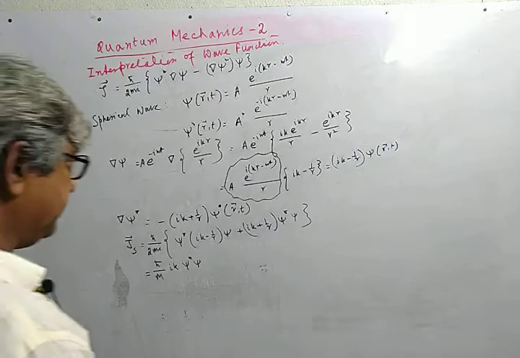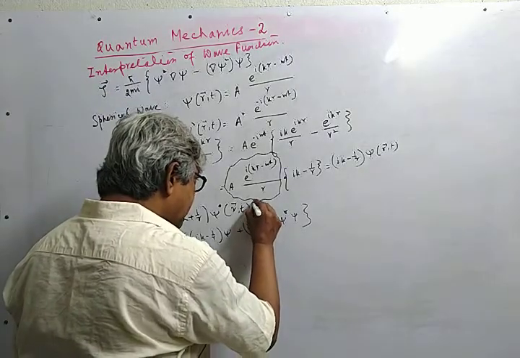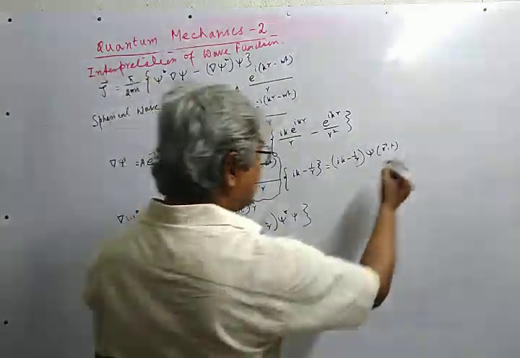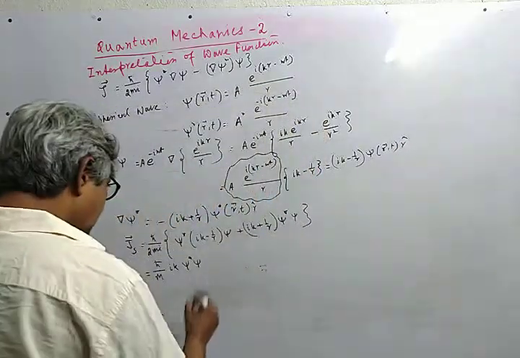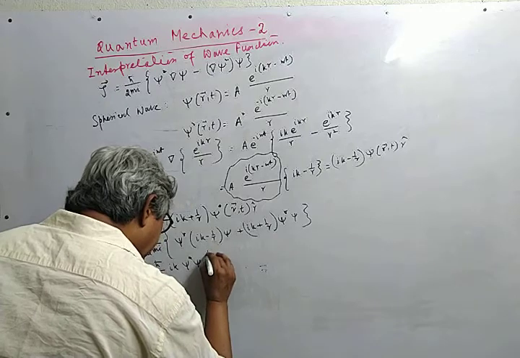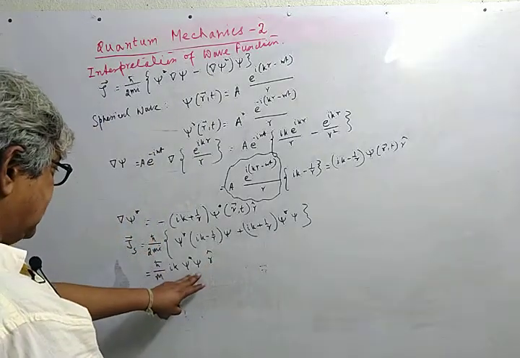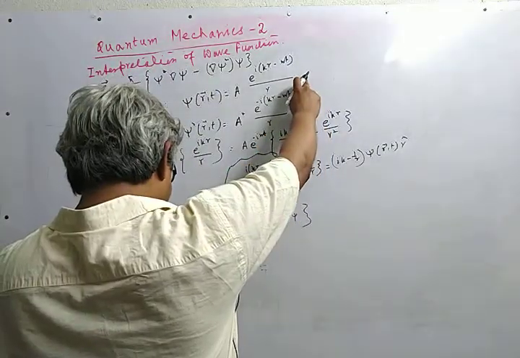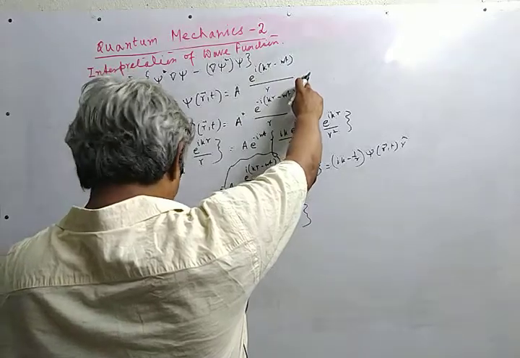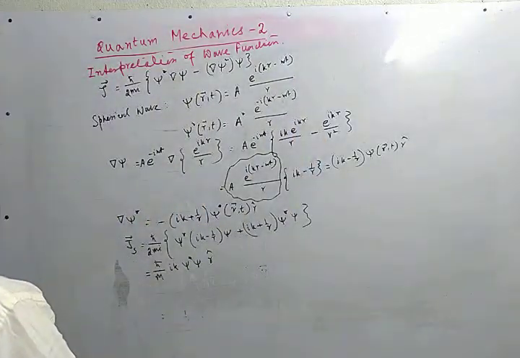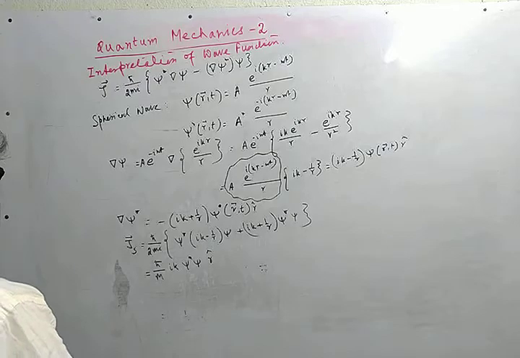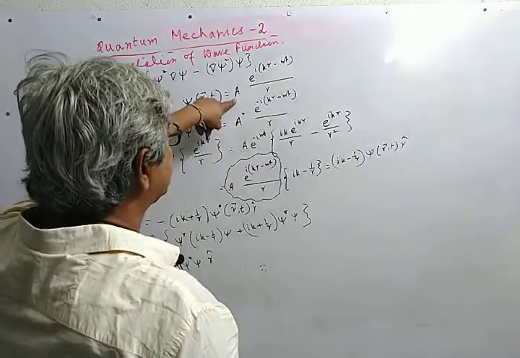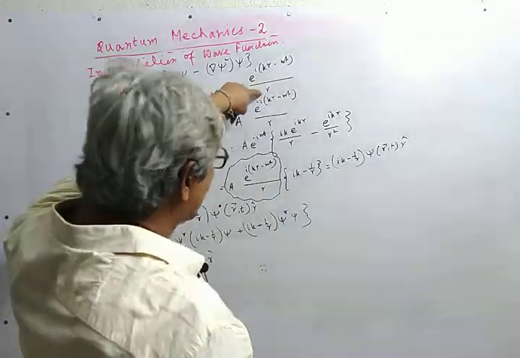One thing I have omitted is the vector sign r cap, and there will be a vector sign r cap. So the result ultimately is multiplied by r cap. Psi star psi, as is apparent from this equation, is 1 by r squared.